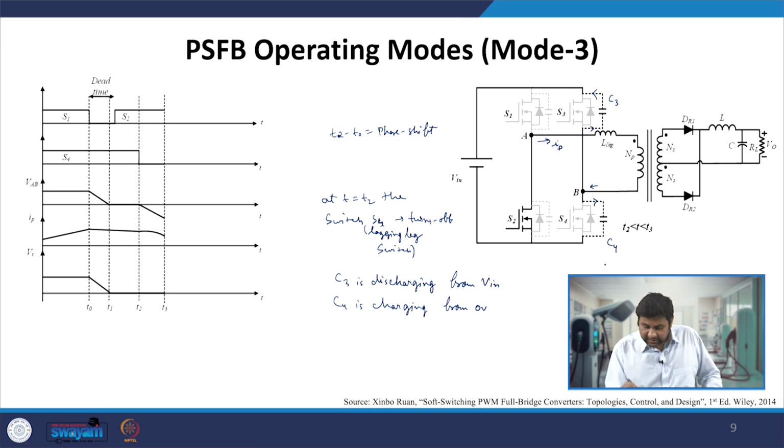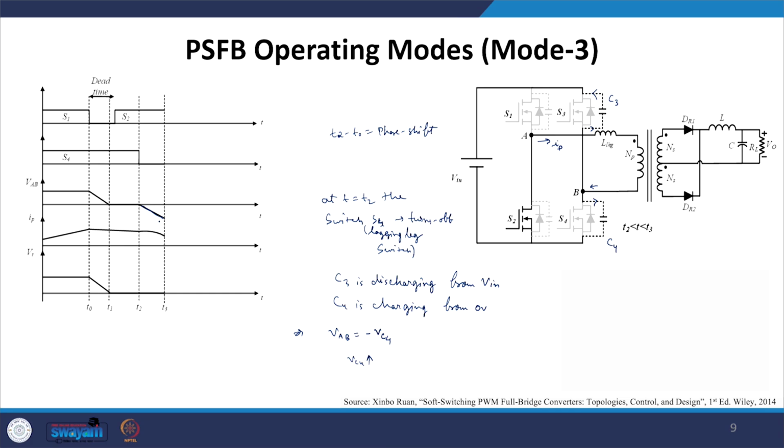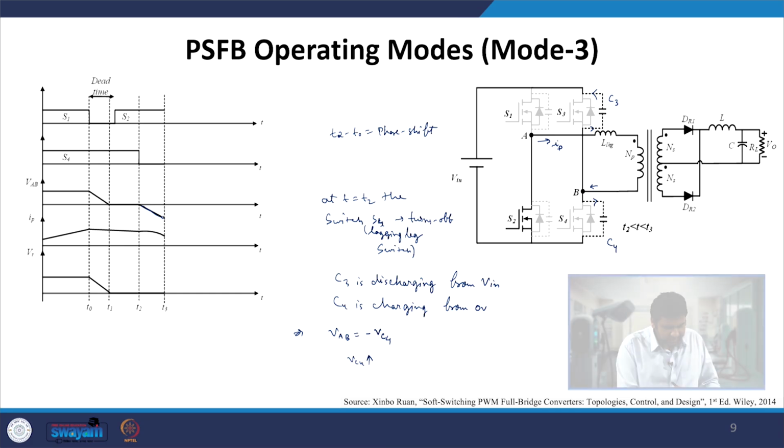Since my S2 is on, the VAB voltage is nothing but equal to minus VC4. Since my VC4 voltage is charging, my VAB is going in the negative direction.